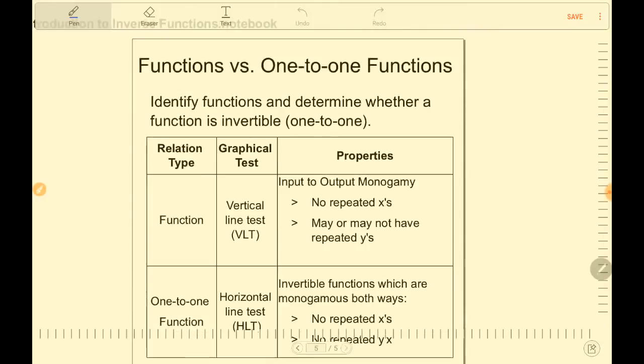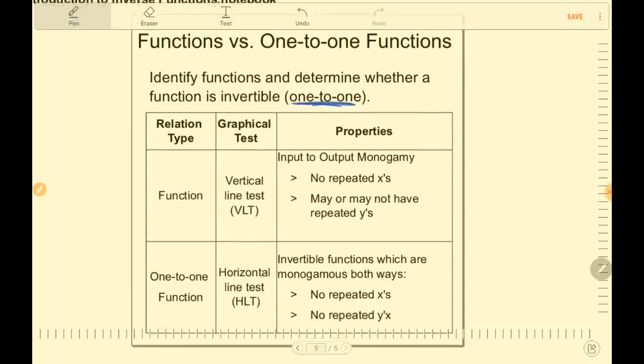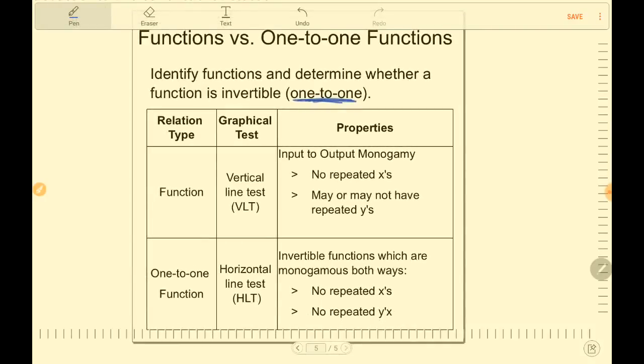All right, so a summary of this is how to identify functions and determine whether a function is invertible, or the proper way to say it, one-to-one. So I have here the relation type, the graphical test you can use, and properties. If you have a relation and you want to know if it's a function, then you can use the vertical line test.